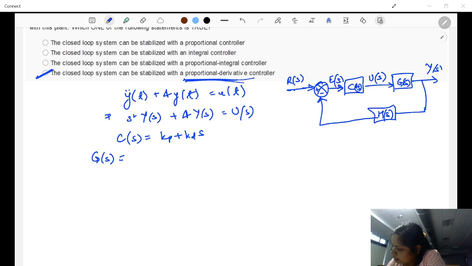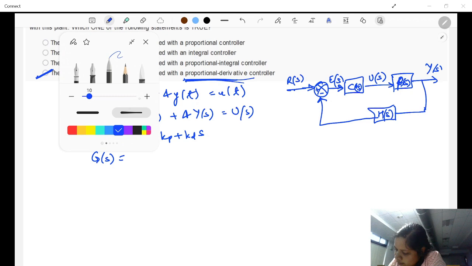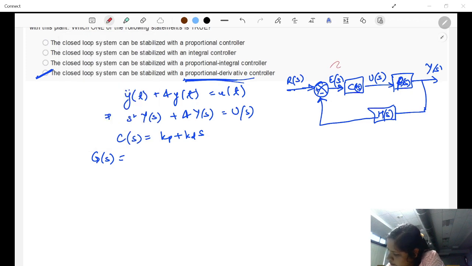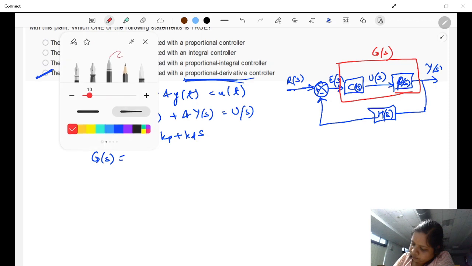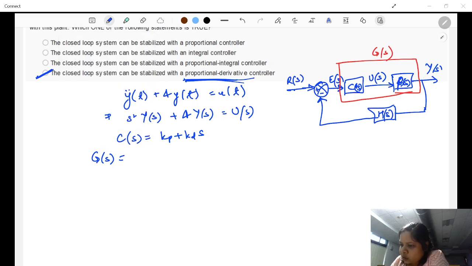So here in this case, this whole thing, sorry, this is not GS, this is PS. So here in our case, this whole thing is GS. So what is your GS? PS into CS.